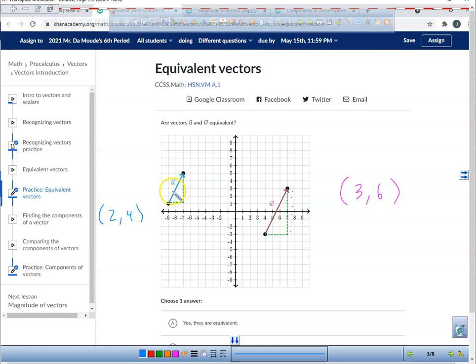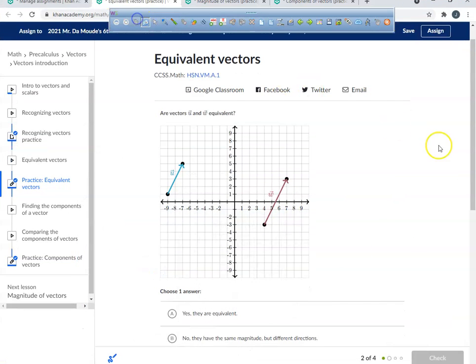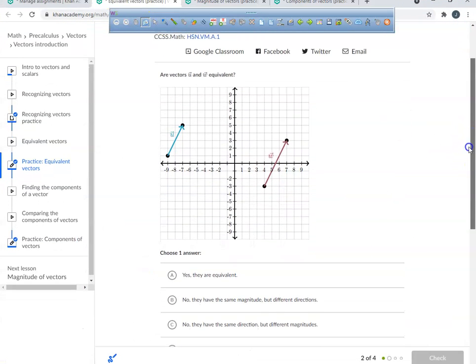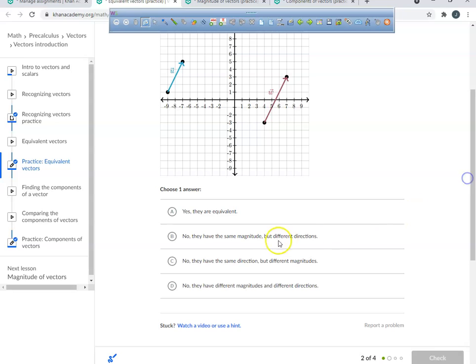If we looked at the slopes, they still go up 2 over 1, up 2 over 1. This goes up 2 over 1, up 2 over 1. So they're going in the same direction, but they don't have the same magnitudes. This vector has a greater magnitude than this one. And so they have the same direction, but they have different magnitudes.